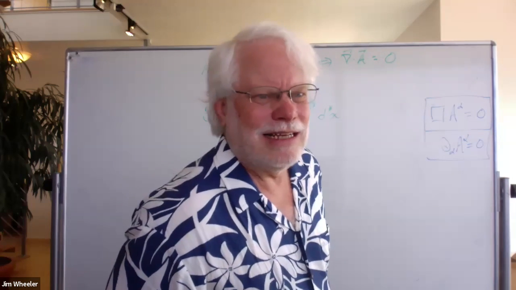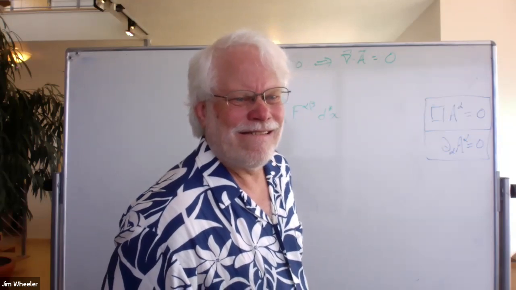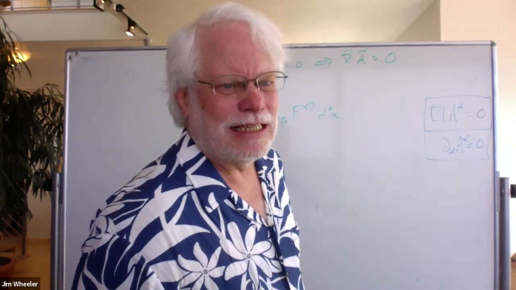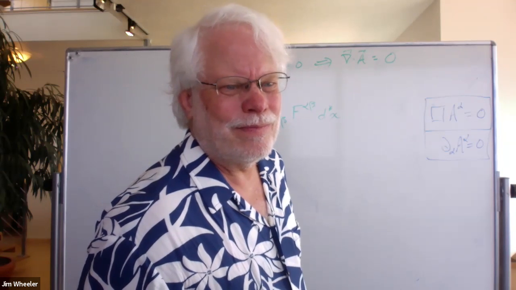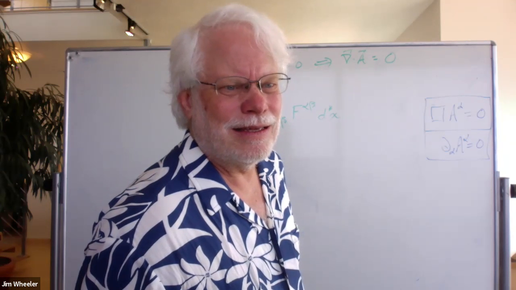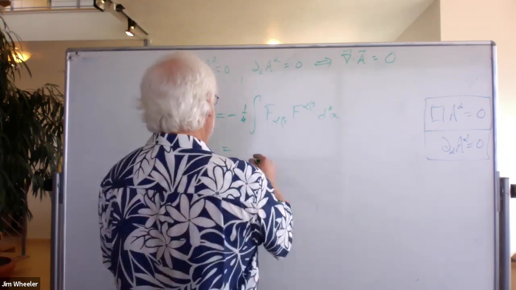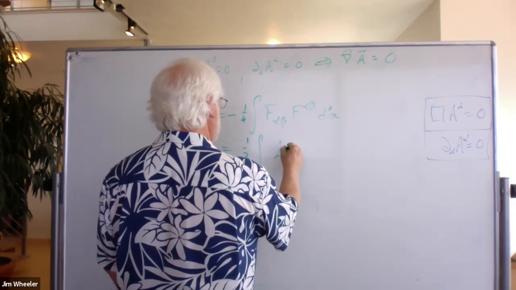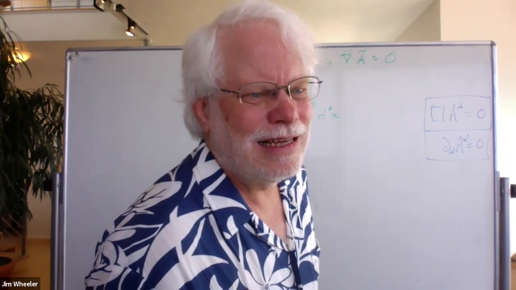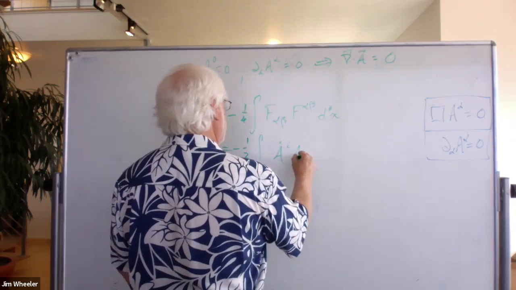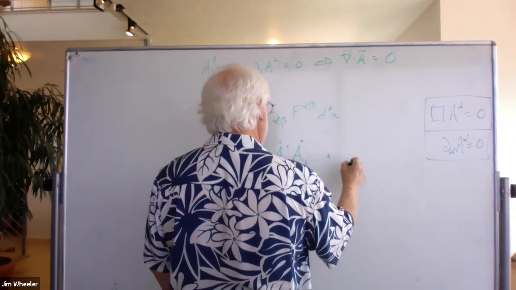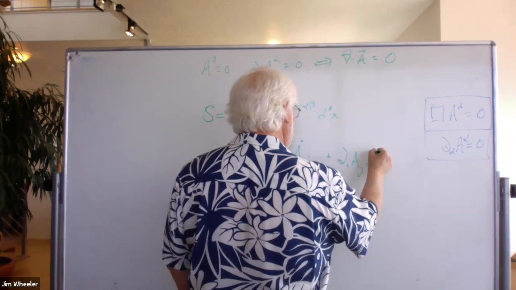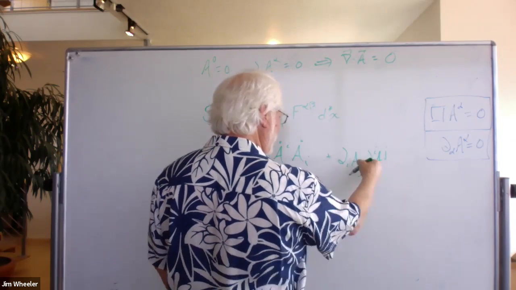Now we can write that out, if we expand this, as minus half A_i dot squared, and then we have a d_i A_j, a curl of this thing.